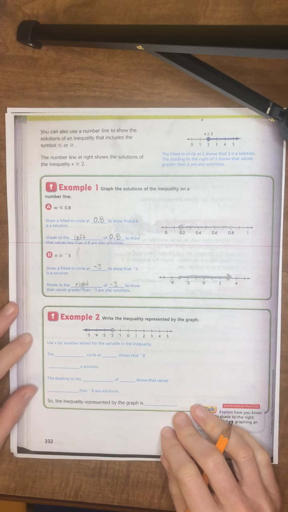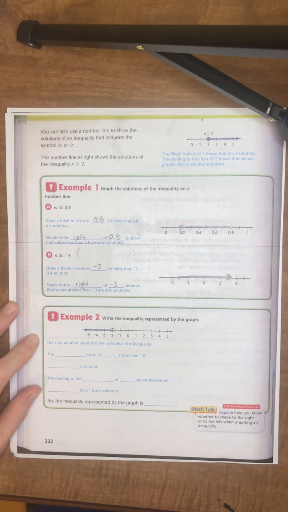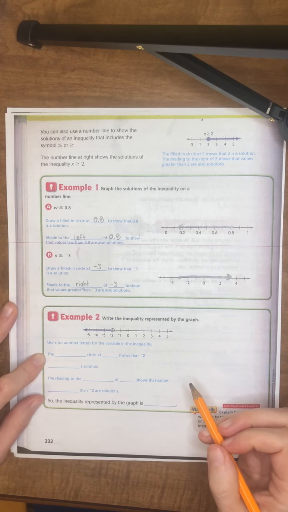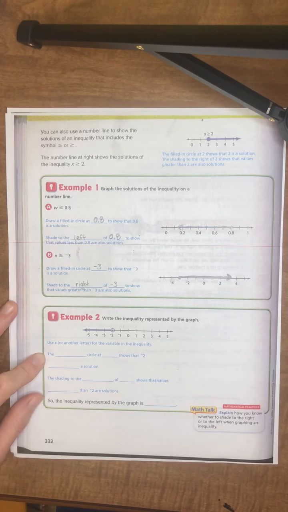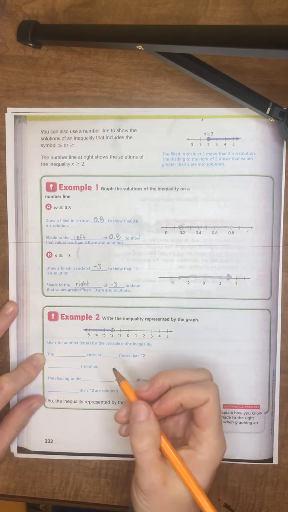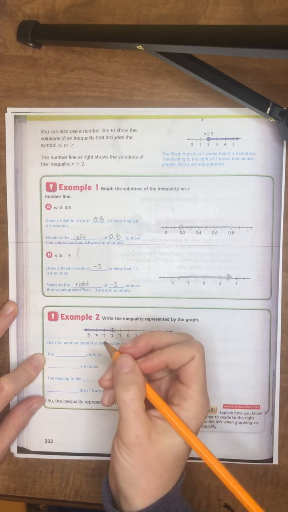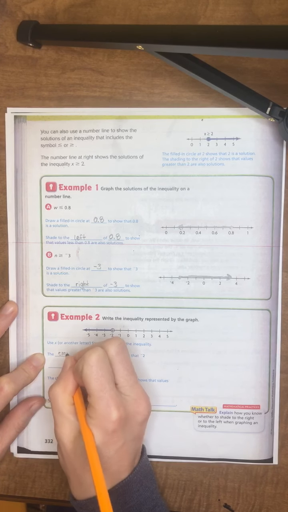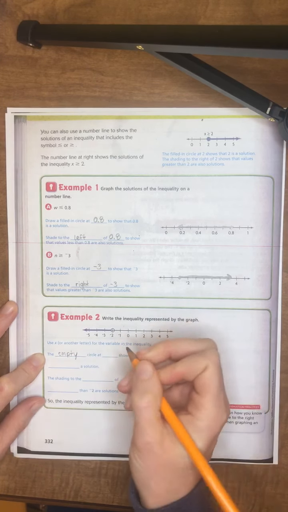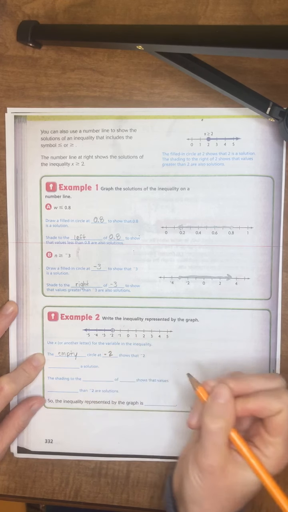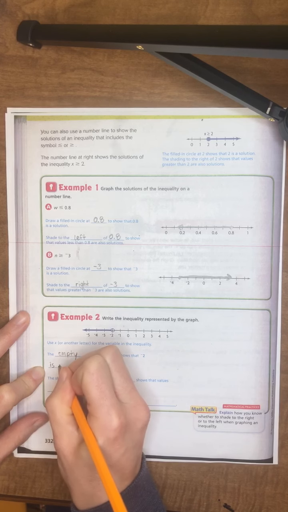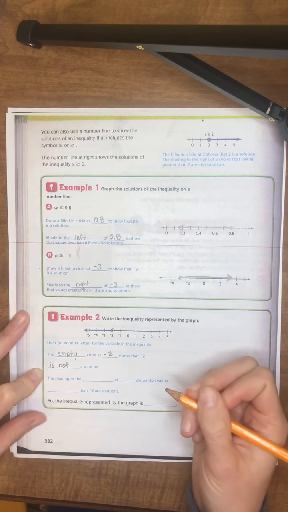Okay, so example 2, write the inequality represented by the graph. Use x or another letter for the variable in the inequality. The empty circle at -2 shows that -2 is not a solution.